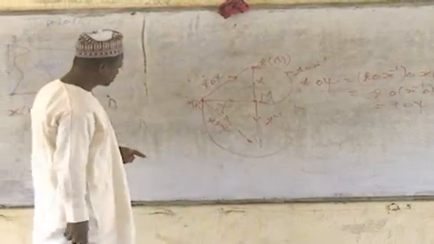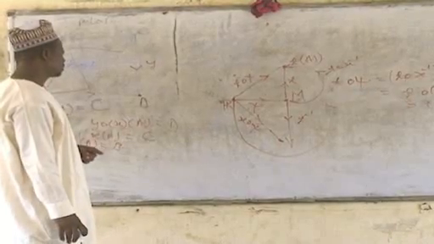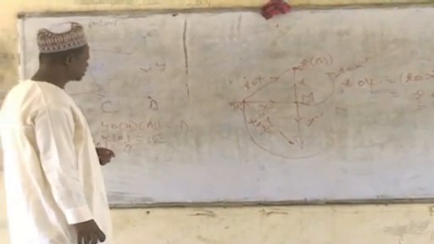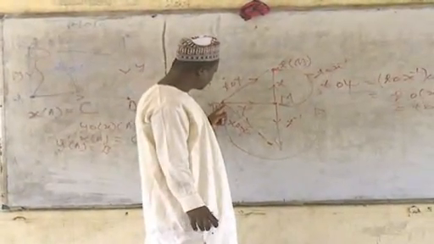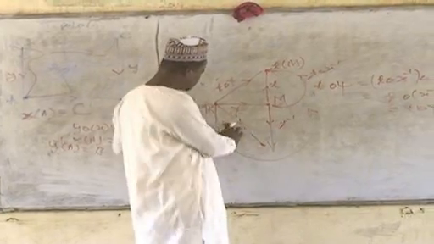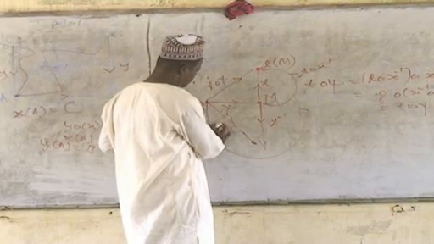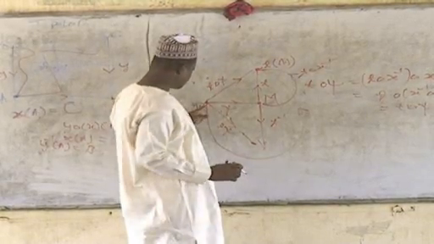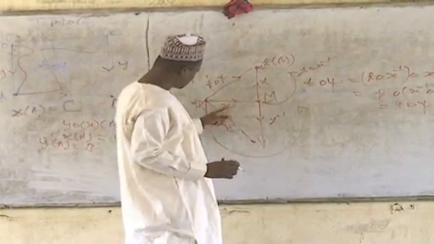So from here to this place, this is T inverse, and this is psi.